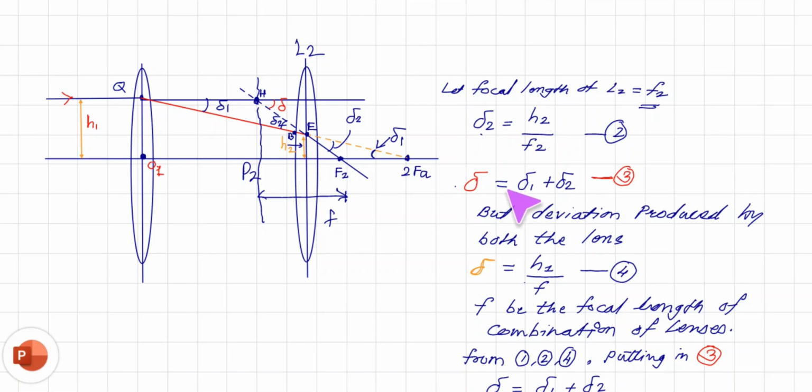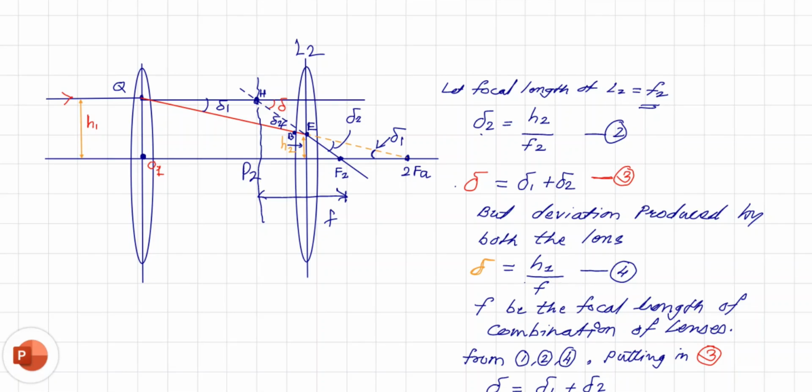And here we know that the actual deviation, if we consider, is the ratio of this height h and the focal length of the combination from O1 to f2, that is f. So the deviation produced by both the lenses, delta, is equal to h1 upon f, where f is the focal length of the combination of lenses.